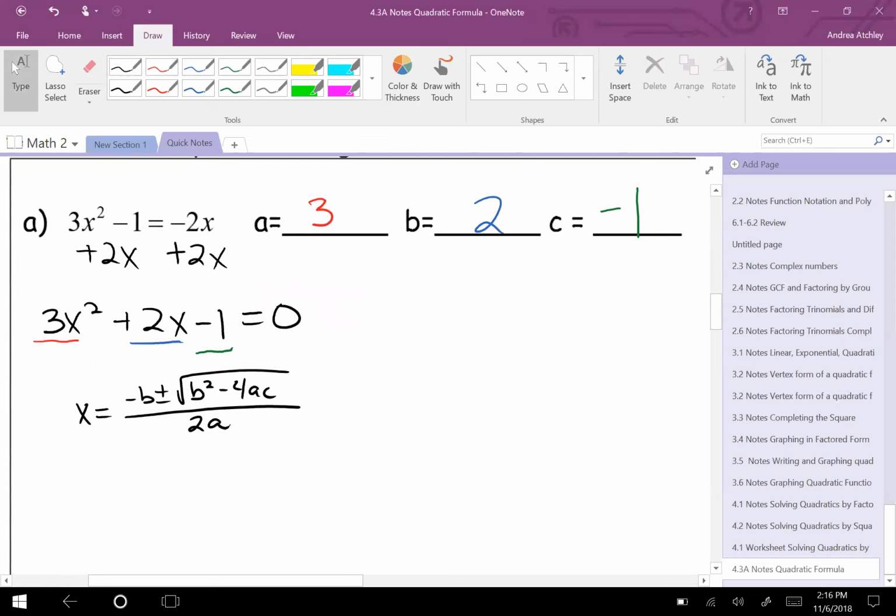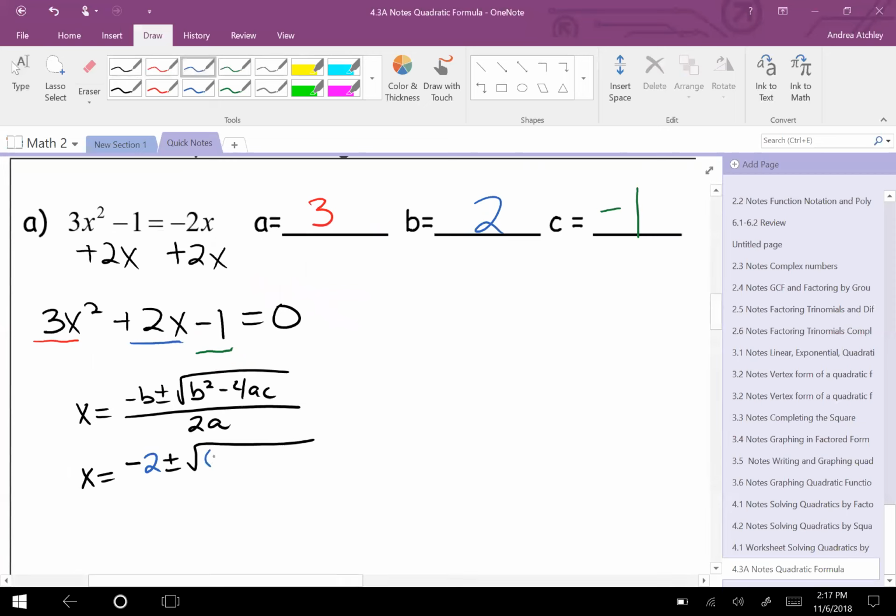So now we plug it in. X equals negative b. When I plug a positive into a negative, it becomes negative, so it's negative 2 plus or minus the square root.